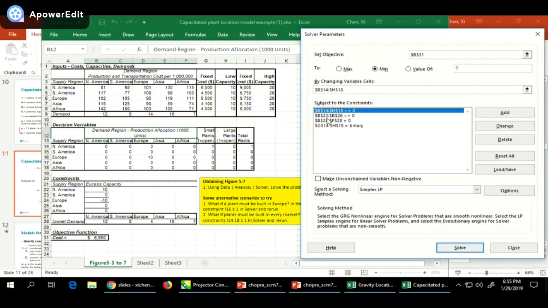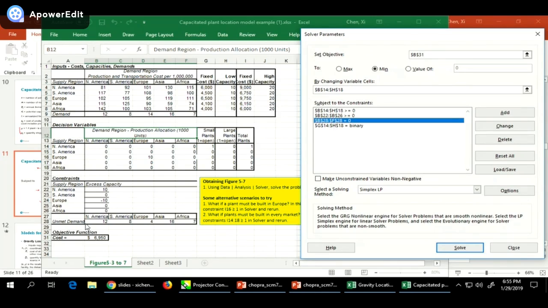Subject to constraints. The first constraint is B14 to H18, which is the Xij values, should be non-negative. And then B22 to 26, so excess capacity should be greater than or equal to 0.